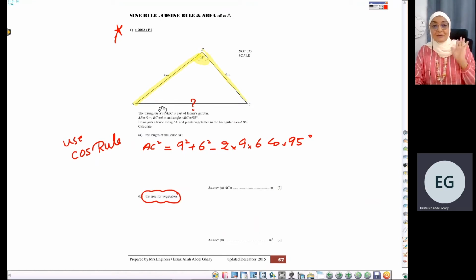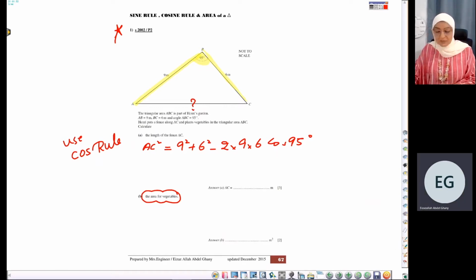You start as if it's Pythagoras Theorem, but there is no right angle, no Pythagoras. As if you're calculating the hypotenuse, you say this squared equals 9 squared plus 6 squared. Then minus twice 9 into 6 into cosine 95. Take care, it's cosine rule. Never make this mistake by writing sine instead of cosine.